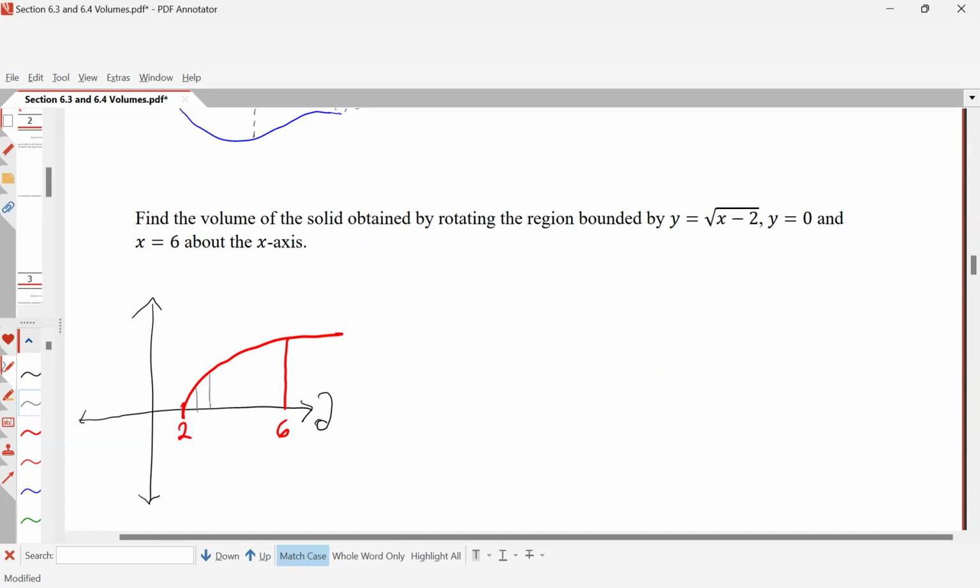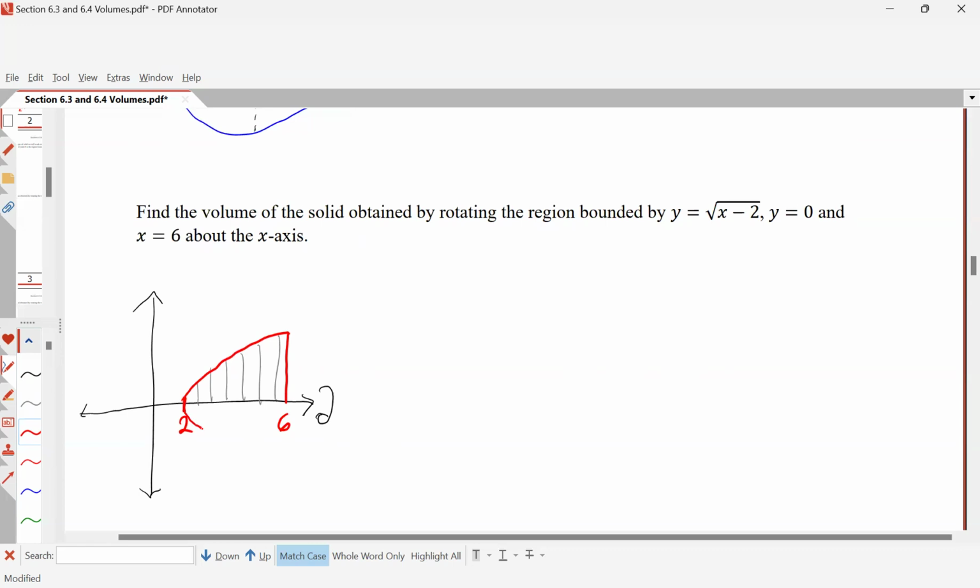We're taking this region, we're rotating it around the x-axis. So we're creating this 3D shape that looks like a solid bowl going around the x-axis.